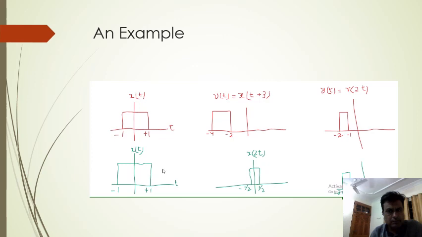And if you first perform scaling and then shifting, the resultant signal is this one. So both of them cannot be correct; only one of them would be correct. That is the point: it is important which operation you perform first.